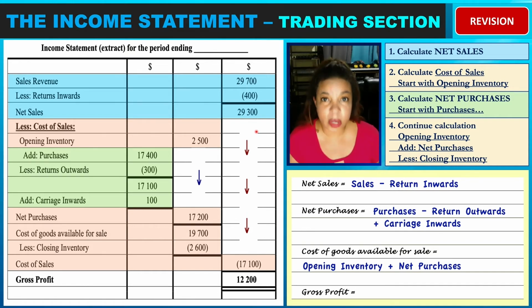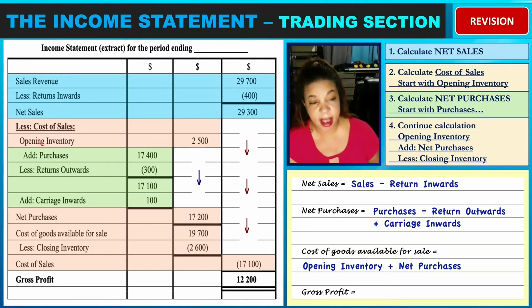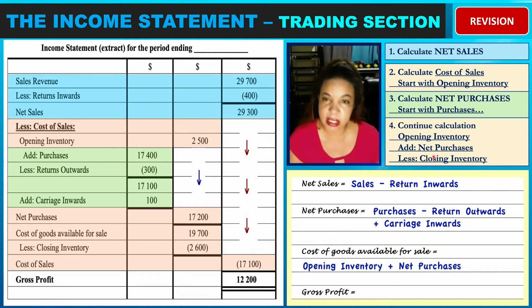But if they don't give you the figure, that is when I usually underline it just to show that it is a heading. And then we do the calculations, starting with your opening inventory, and then you're adding that to your net purchases after you've calculated it, less your closing inventory, you get your cost of sales.